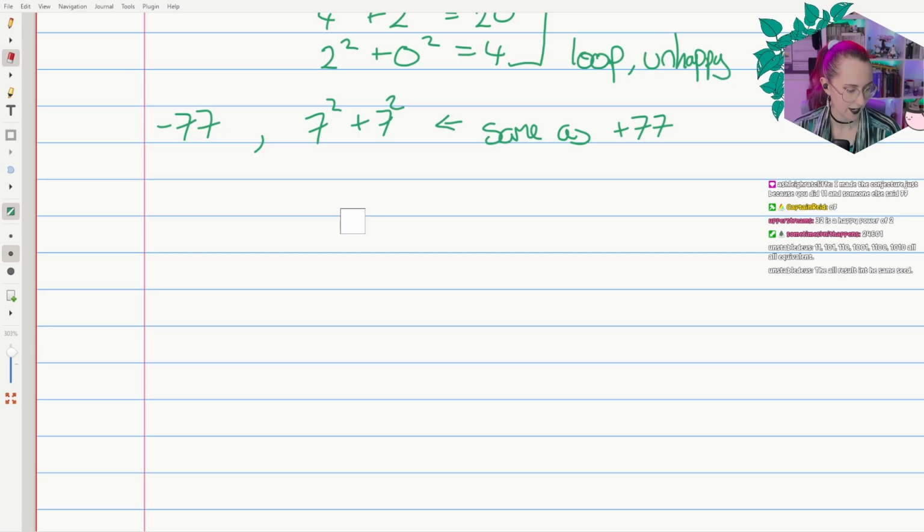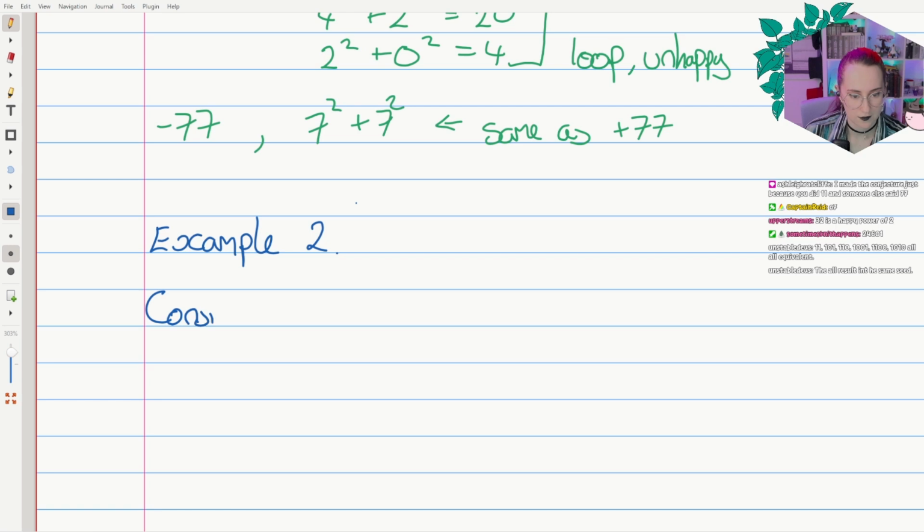Okay, so let's look at how we would write out sort of a more formal algorithm. So consider the algorithm below.